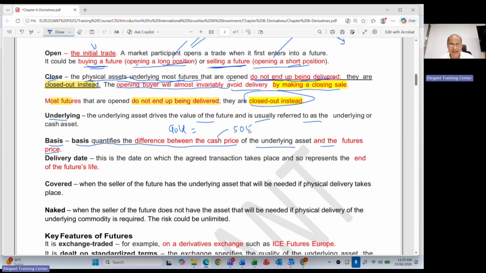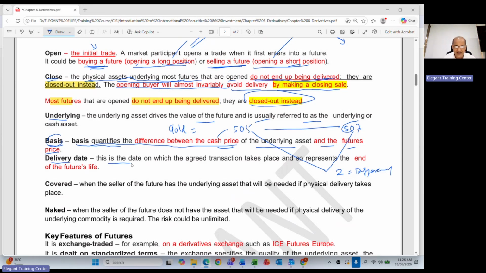Let's say you are buying a gold future, and the gold future price is maybe 507, for example. So cash price 505, future price 507. So $2, that's your difference, and it is called basis. Basis means the difference between the cash price and the future price.